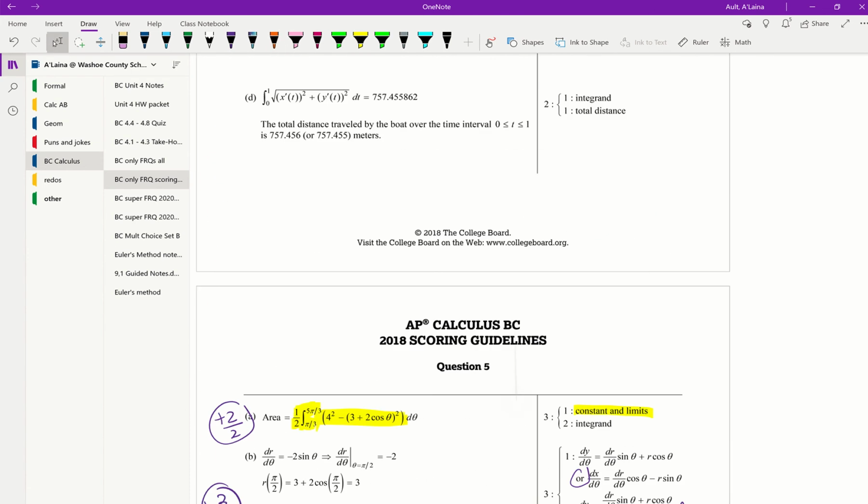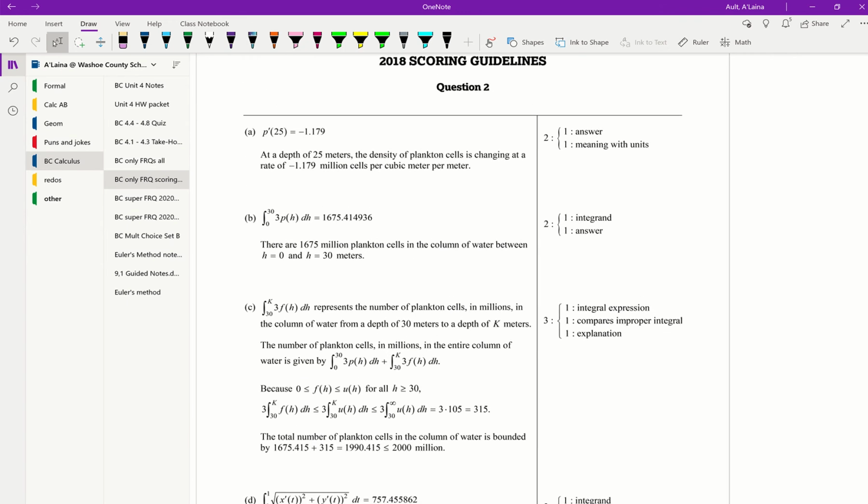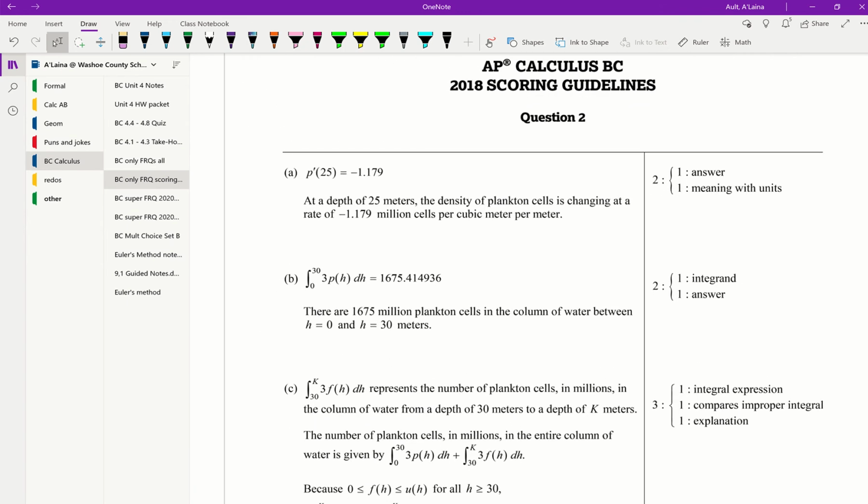All right, we did not yet grade question 2, so let's do that. This was the correct answer that we got. And at a depth of 25, you do have to specify because derivatives are at an instant, so make sure you do that. The density is changing at the rate of. I put decreasing at the rate of. That's fine. Now, when I put decreasing at a rate, I didn't put the negative.